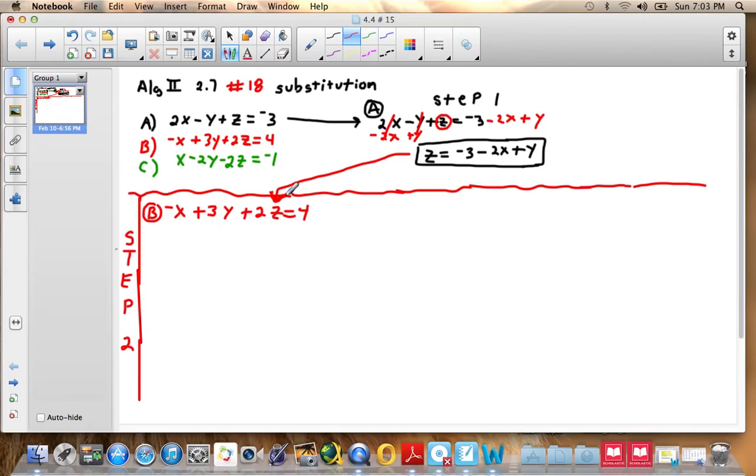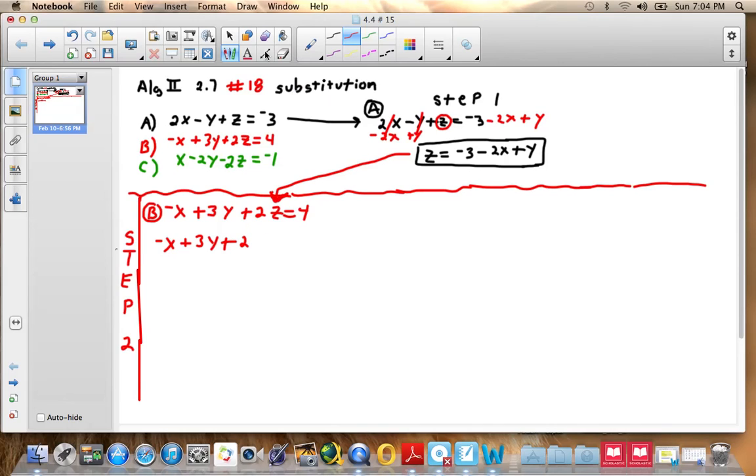So this is going to be z right here. So I want to rewrite this equation, plugging all those variables into it. So I have -x plus 3y plus 2.